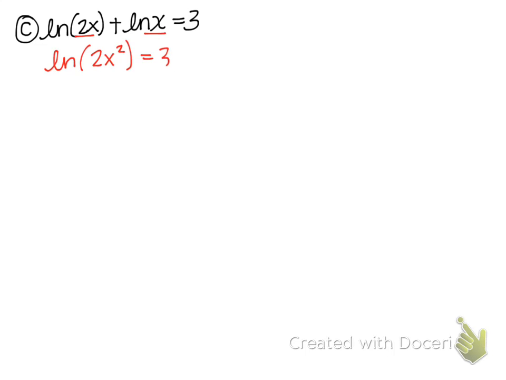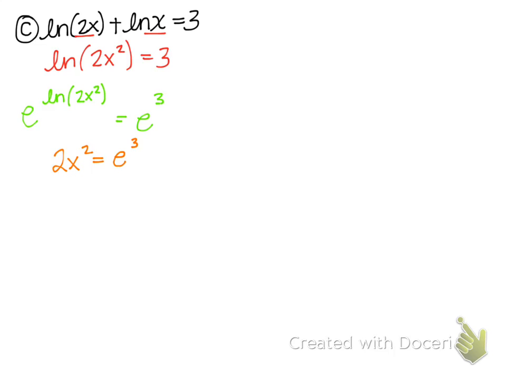And that's equal to 3. Now we have the natural log isolated. We only have one, so to get rid of it, we're going to use e. Just like before, we're going to make both sides exponents. So we have e to the natural log of 2x squared is equal to e to the 3rd power. Now, on the left-hand side, using that property, all we have left is 2x squared. And that's equal to e to the 3rd power.